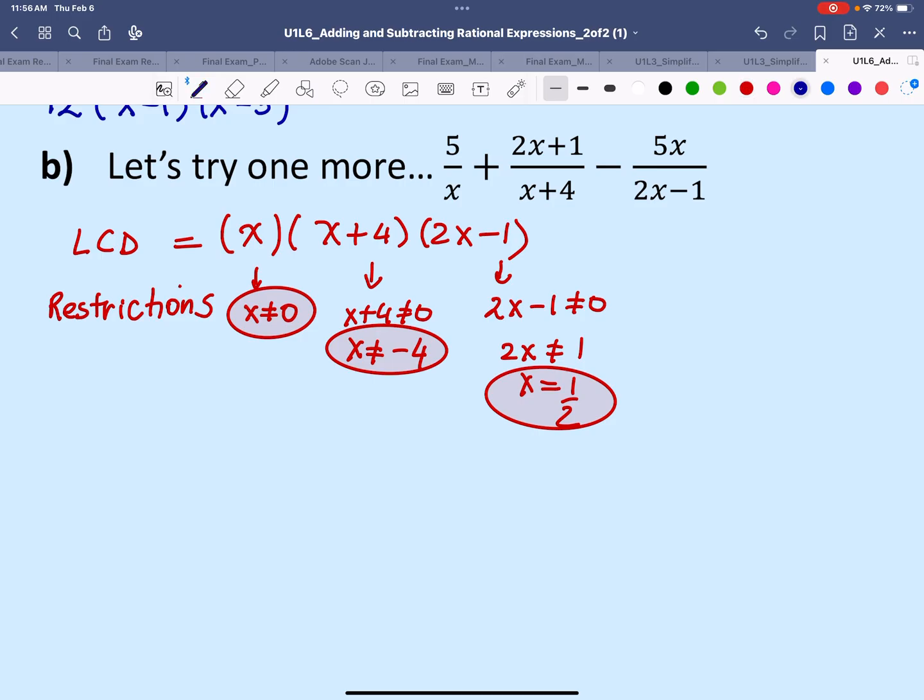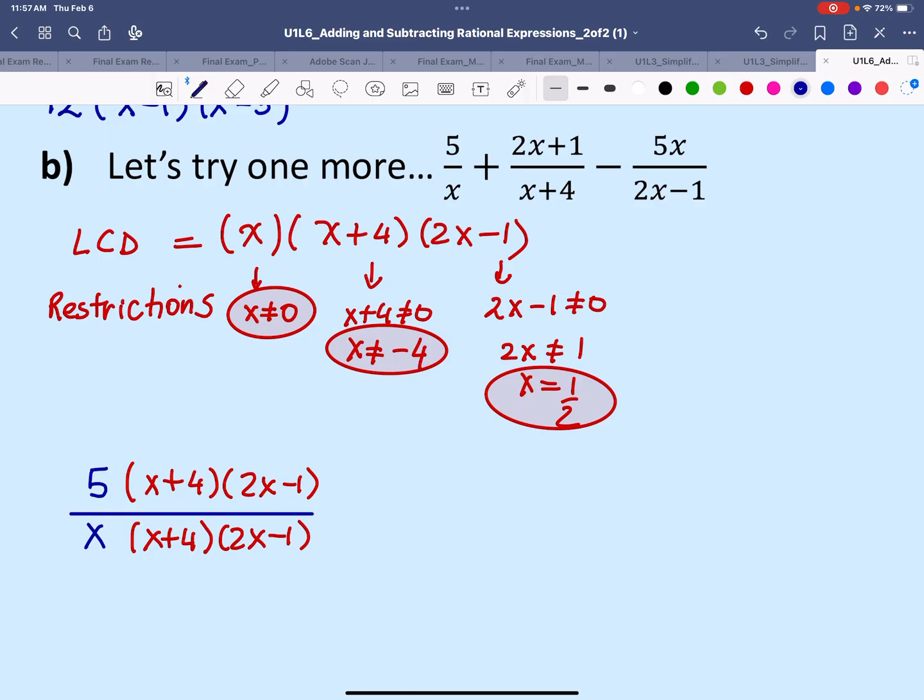Now we're going to get to work and make all the denominators equal to the lowest common. So 5 over x is going to need a factor of x plus 4 and 2x minus 1. Same thing with the numerator. Now, the next term, which is 2x plus 1 over x plus 4, is going to need a factor of x and a factor of 2x minus 1.